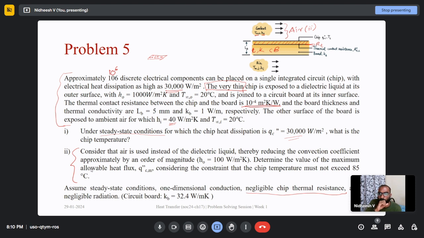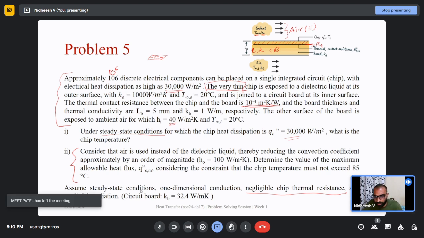So the thermal conductivity value of the board, we need to take it as 32.4 or otherwise 1 watt per meter? Thank you for pointing it out. Yeah, the reference question also has that mistake. So don't take this value.